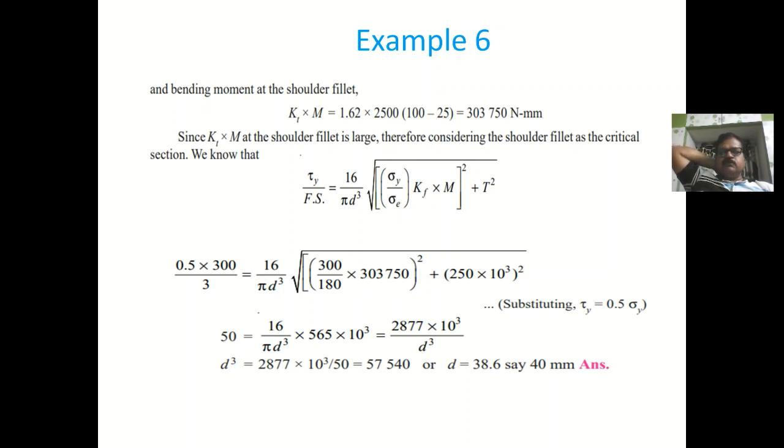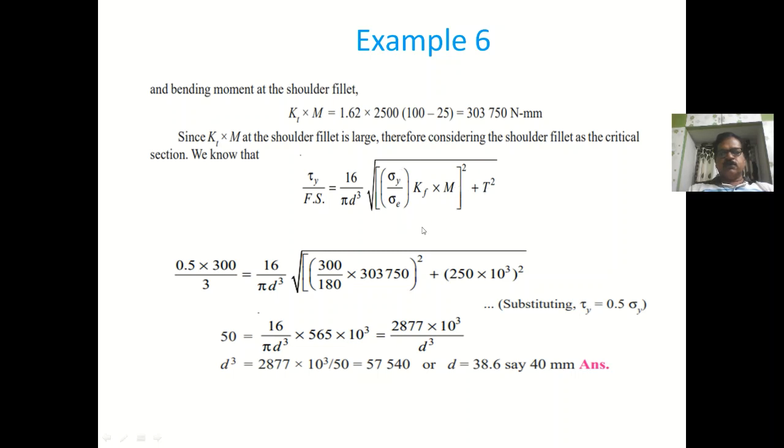Therefore, considering the shoulder fillet as the critical section, we know that the tau yield point by factor of safety is equal to the equivalent shear stress, that is pi by 16 by pi d cube into square root of sigma y by sigma e into Kf into M whole square plus tau square.